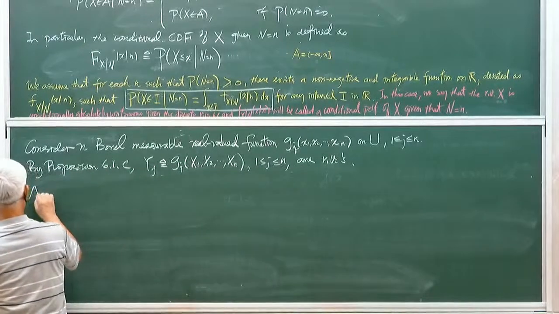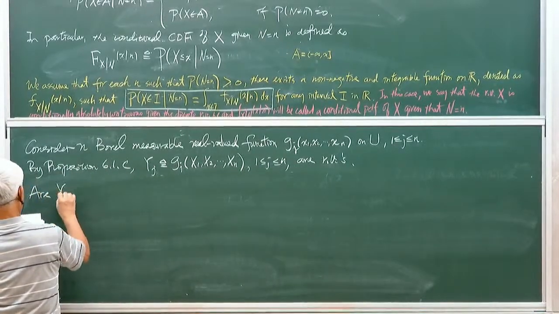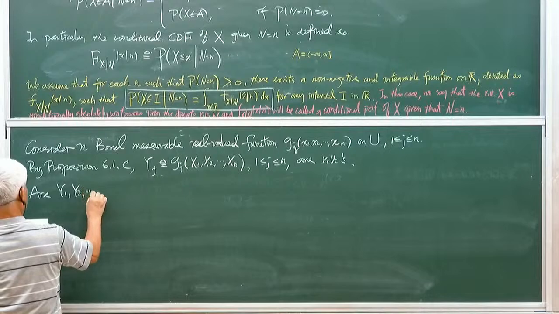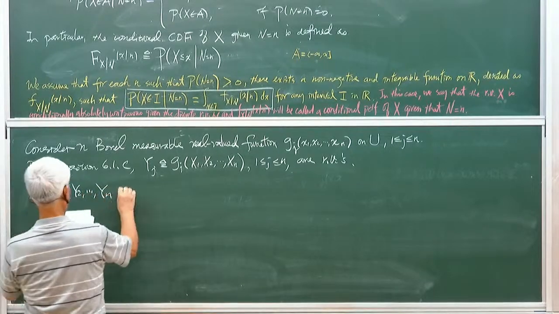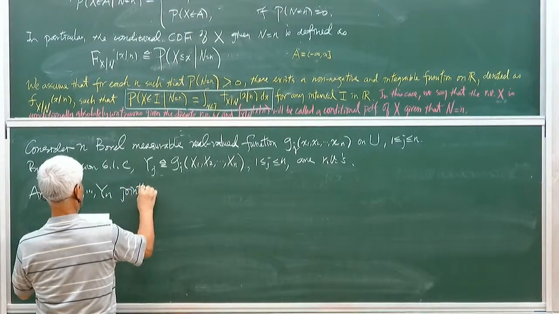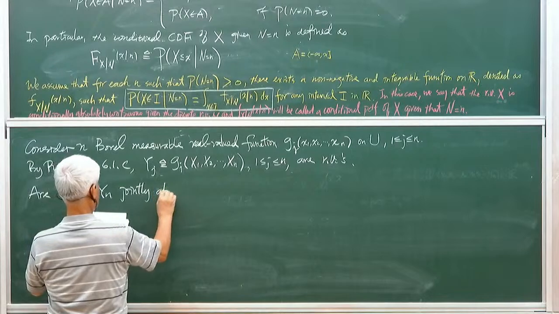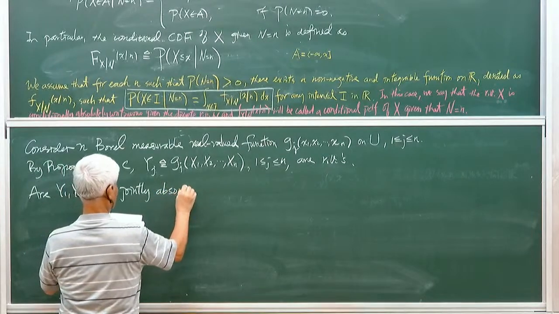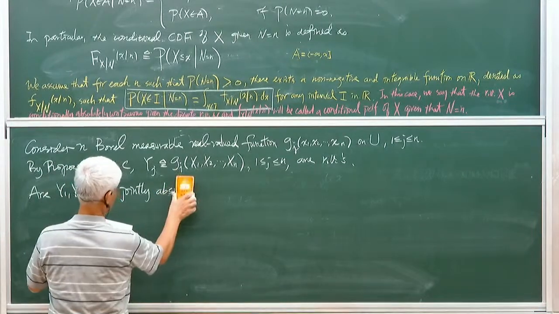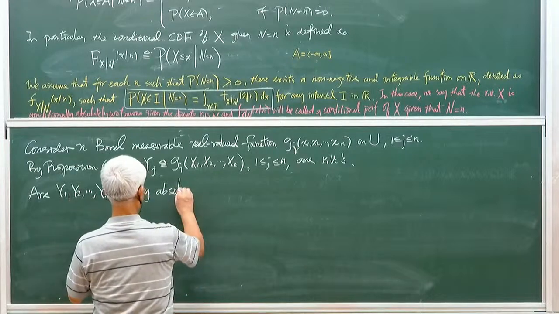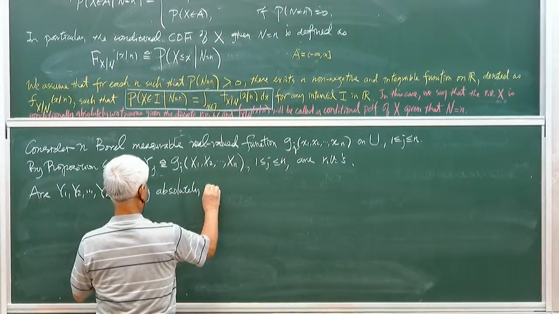So the question is, are Y1, Y2 up to Yn jointly absolutely continuous?